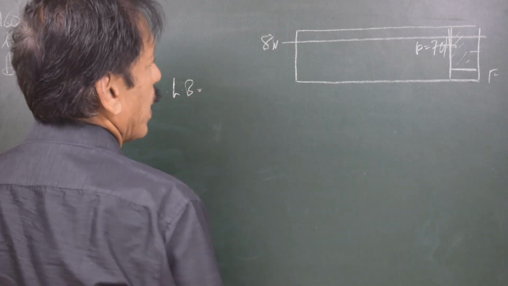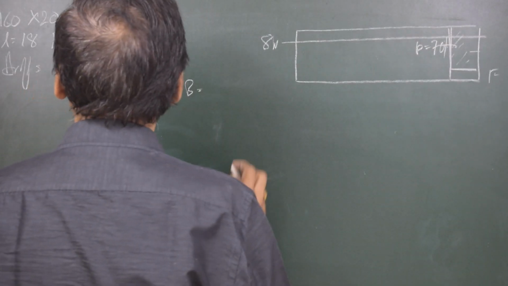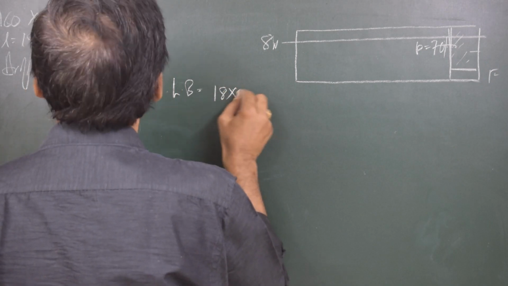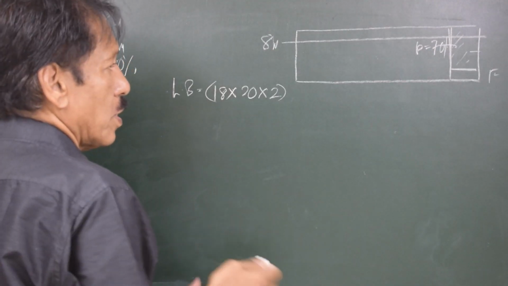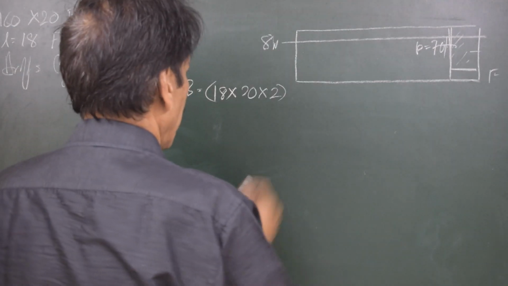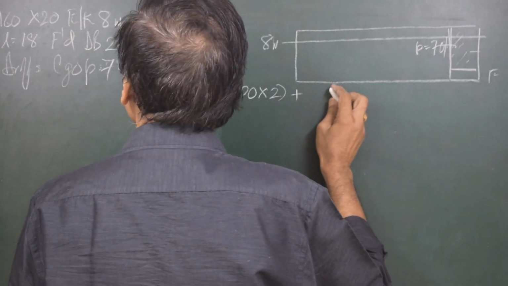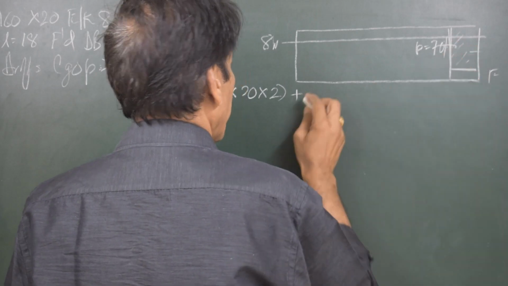Lost buoyancy is in the upper part and in the lower part. In the lower part, I would say the lost buoyancy is 18 into 20 into 2, the total loss, because there is no permeability and the compartment is empty. And in the upper part, the lost buoyancy would be up to here it is 2 meters, so this height is 6 meters.